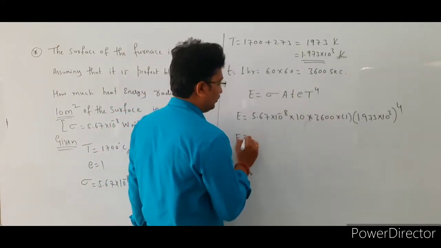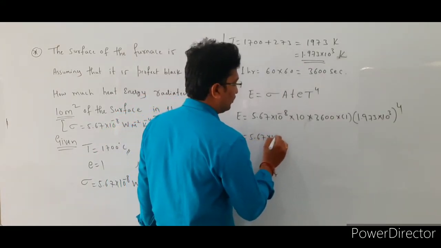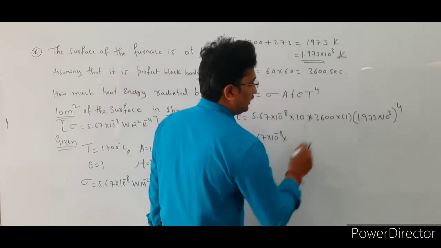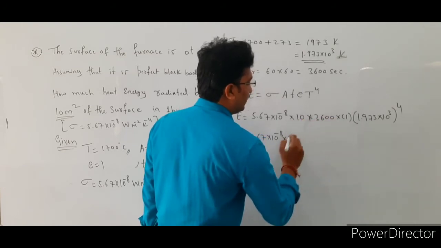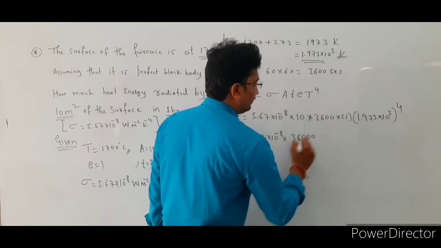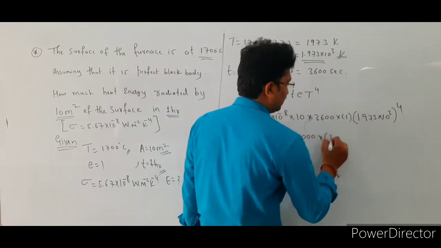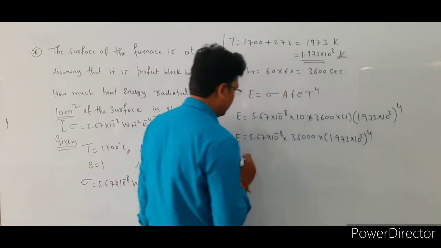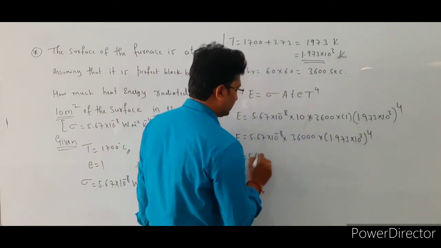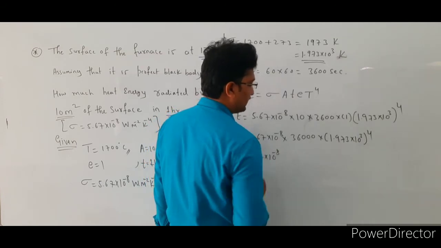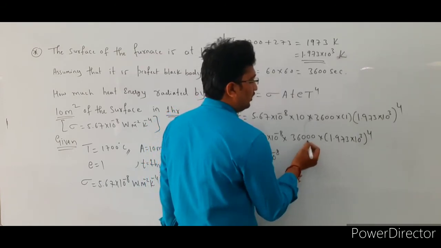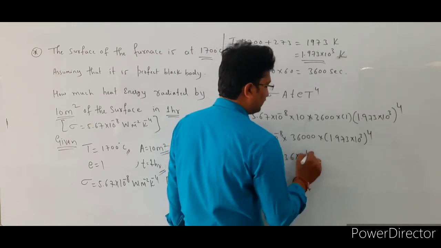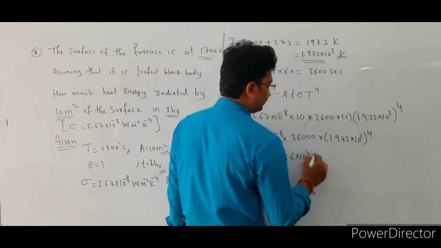Then E is equal to 5.67 into 10 to the power minus 8 into 3600 into 10, that means 36000, into 1.973 into 10 to the power 3 to the power 4. So this is equal to 5.67 into 10 to the power minus 8, and converting into decimal, 3.6 into 10 to the power 4.